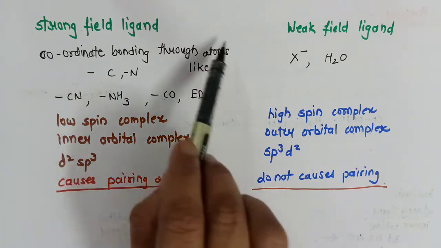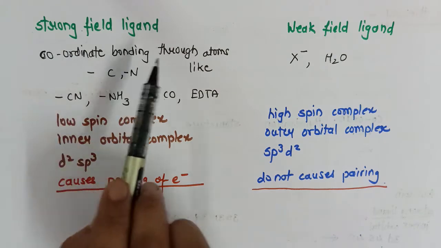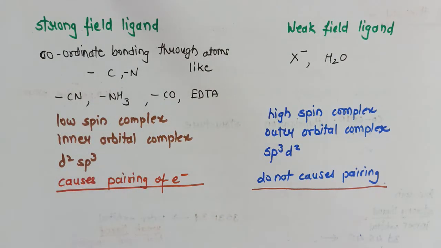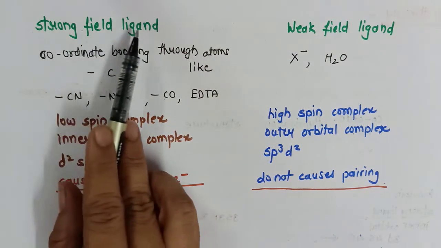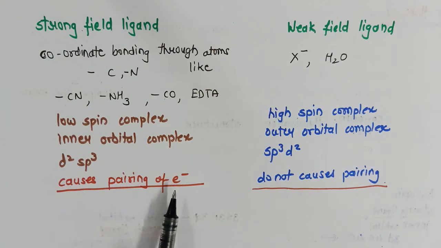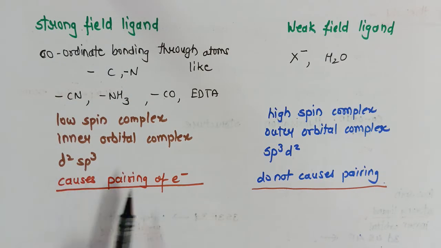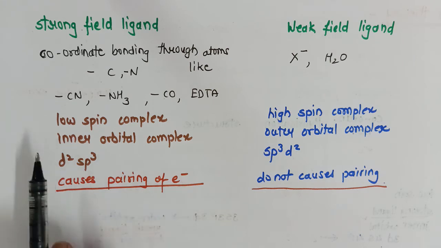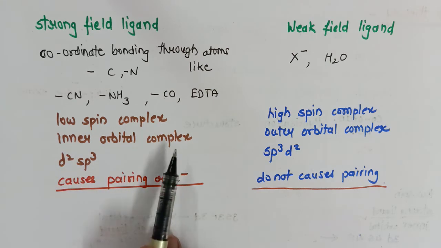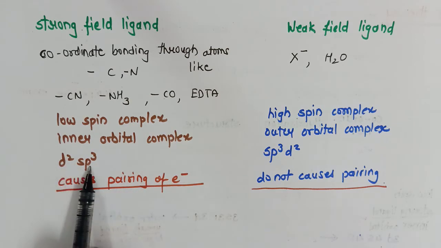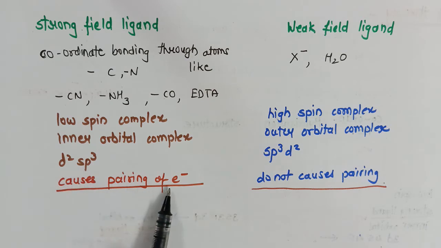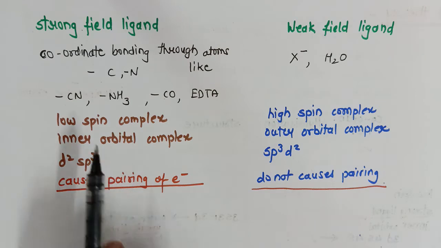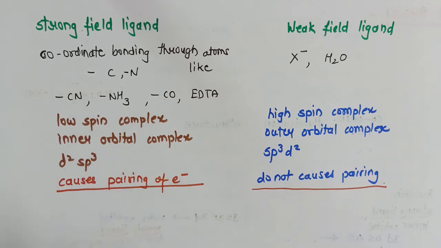You simply remember this trick, that if the coordinate bonding occurs through carbon or nitrogen, then it will be a strong field ligand. Now when it is a strong field ligand, it causes the pairing of the electron. Since it causes the pairing of the electron, it uses inner d orbital, and therefore we call it inner orbital complex, and we say it undergoes d2sp3 hybridization. Now since it causes pairing of the electron, the magnetic moment reduces and we say it's a low spin complex.